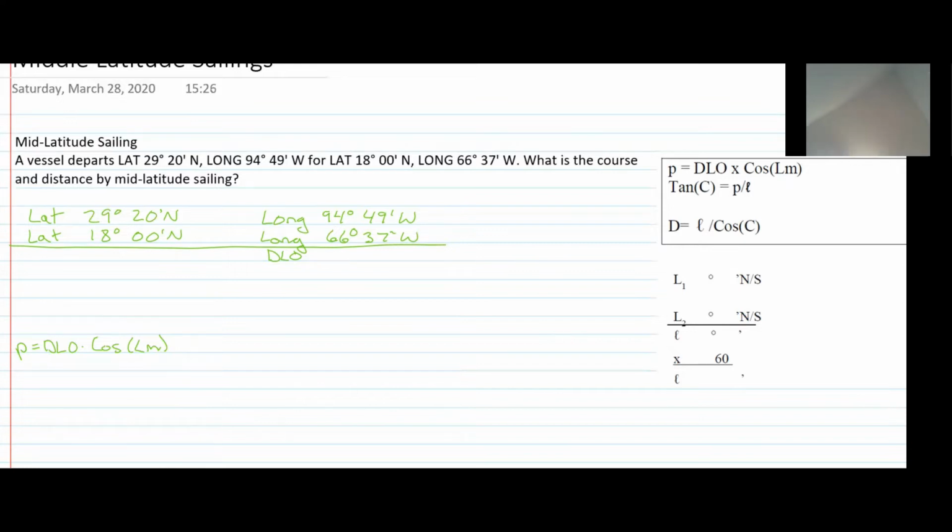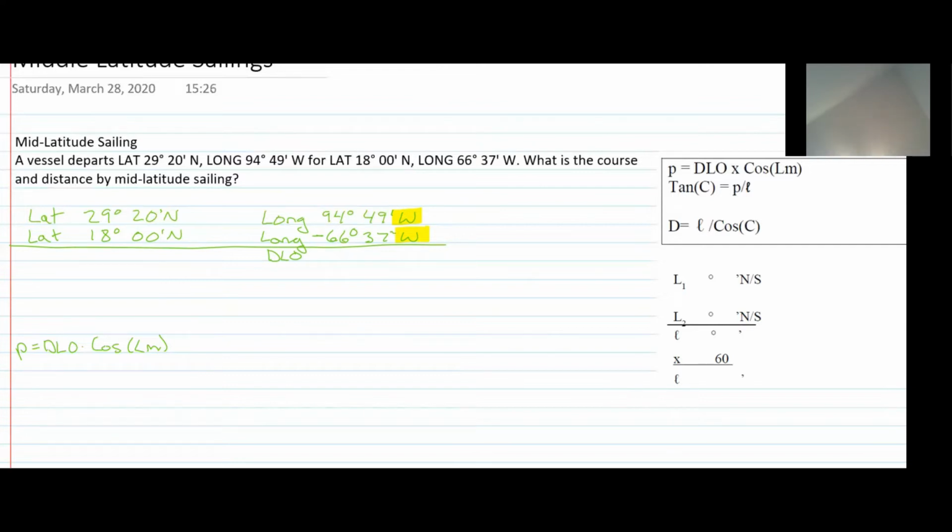In order to find D low, will we be adding or subtracting the two longitudes? We will be subtracting them because both of our longitudes are in the same hemisphere. So we have two westerly longitudes, we are subtracting. If we had two easterly longitudes, we would also be subtracting.